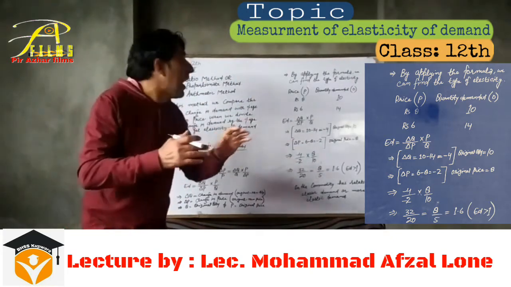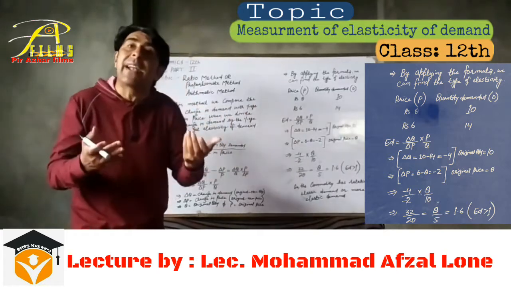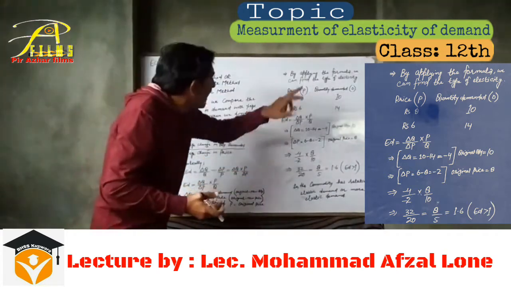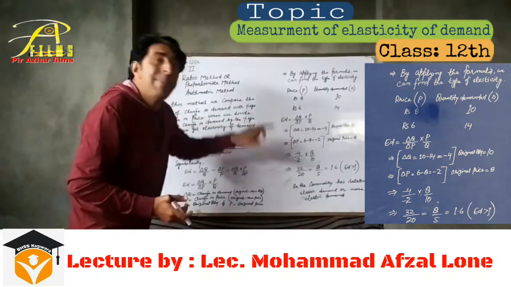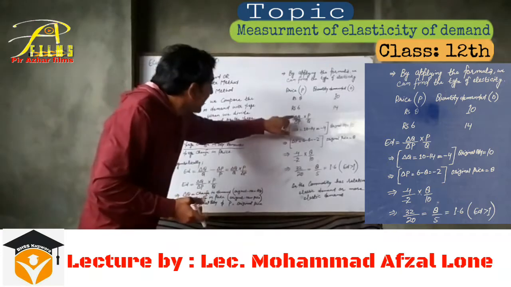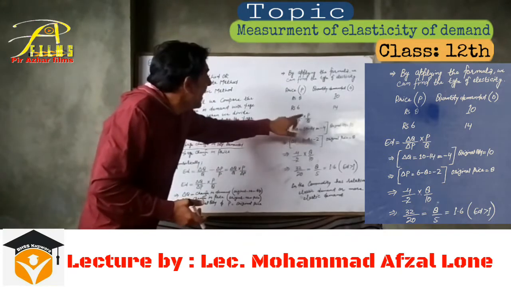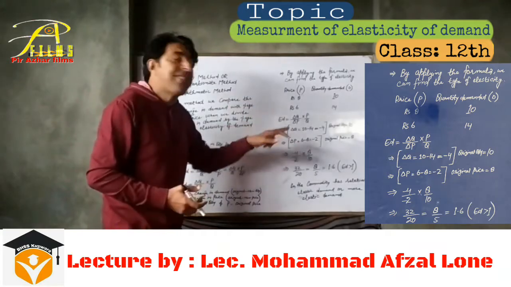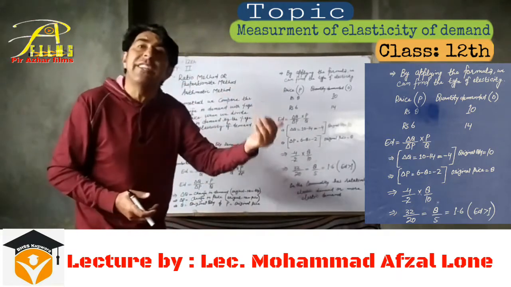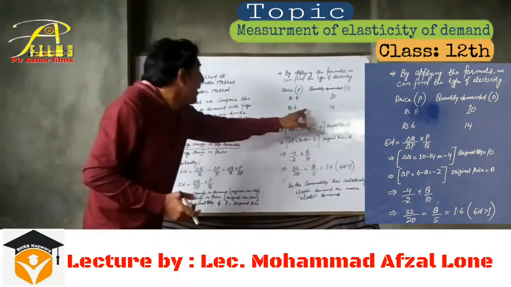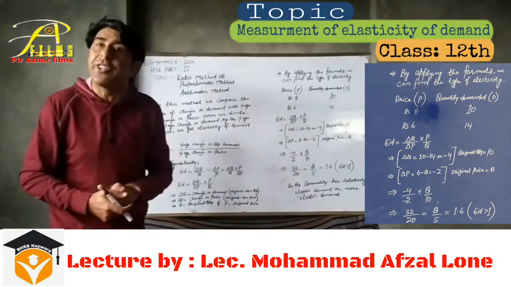We are providing this example to calculate the elasticity of demand. By applying the formula, ED is equal to delta Q by delta P into P by Q, where delta Q means change in quantity, delta P change in price, and P by Q is original price divided by original quantity.